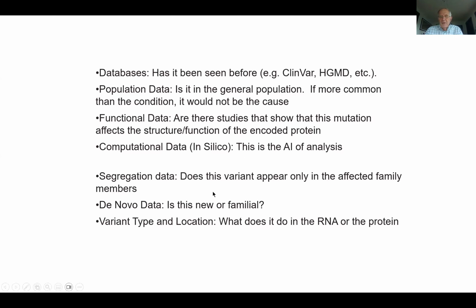The next thing is, does the variant appear only in the affected family members and not in the unaffected family members? Or is it new and not in the family? If it's new, then it's likely to be something that's causative. And then we ask about what it does in the RNA and the protein to try and figure out where it fits.